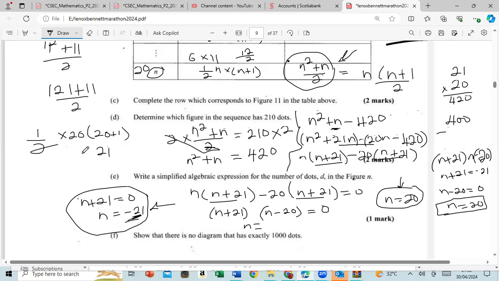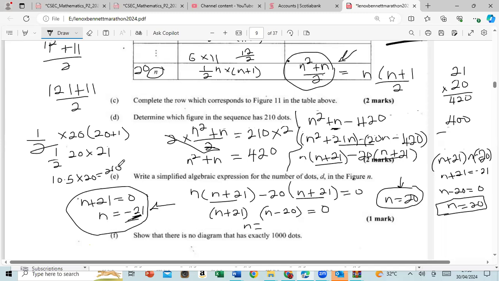Agree? Agree, sir. So now we divide the 21 by 2, which is 10.5, and then we times it by 20. You got the 210 we're supposed to get. So basically, factor and then substitute, just to check it.